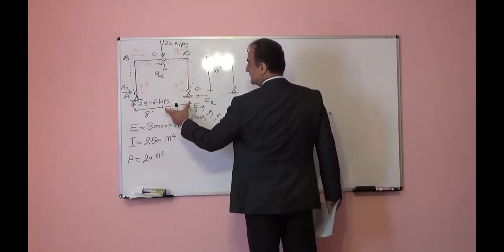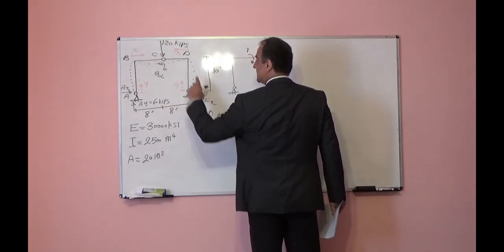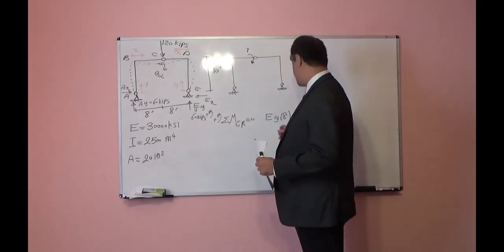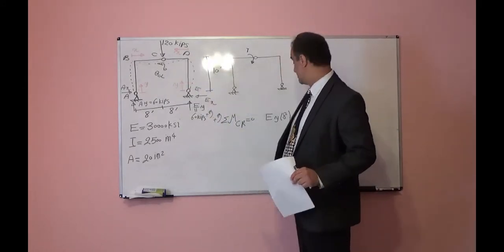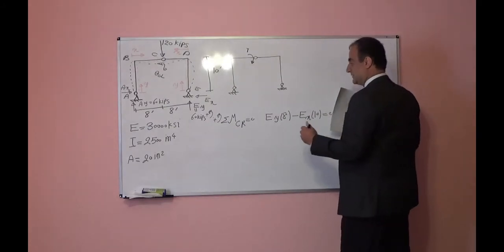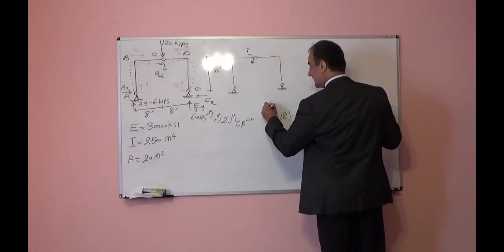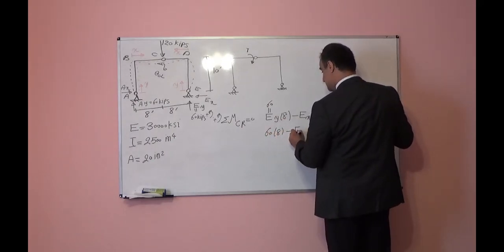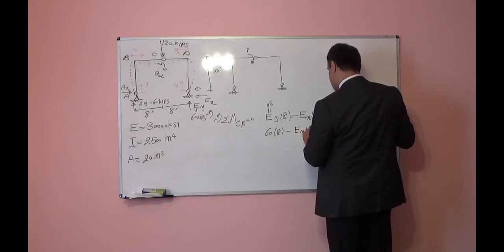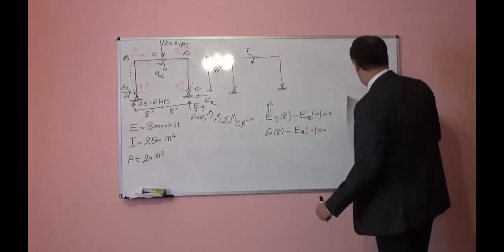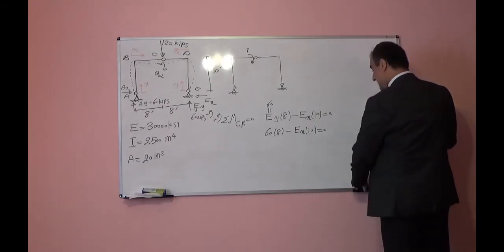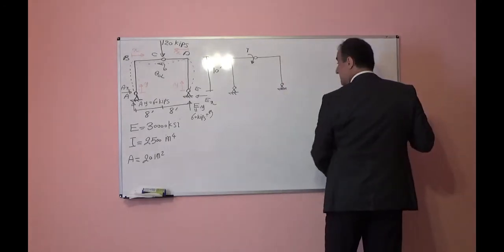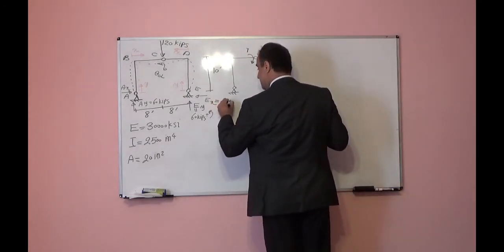Ey times 8 is counterclockwise, positive. Ex times 10 with respect to point C is clockwise, negative. Because we know the magnitude of Ey is 60, it will be 60 times 8 minus Ex times 10 is equal to 0. From there, Ex will be 48 kips.